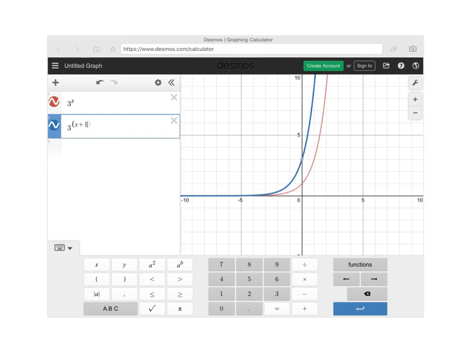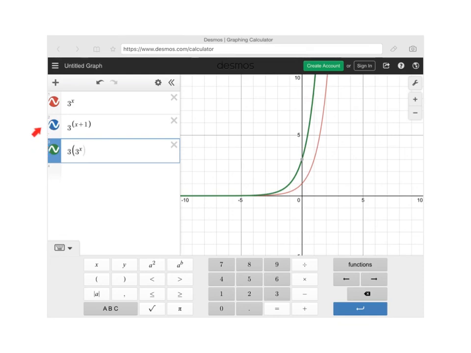Now, what happens if I do the equivalent expression, the one that we worked out when we used the exponent laws? It was 3 times 3 to the x, and what happens? If you notice, the green graph actually overlaps the blue graph. So what this means is that the blue graph and the green graph are exactly the same. They are equivalent.